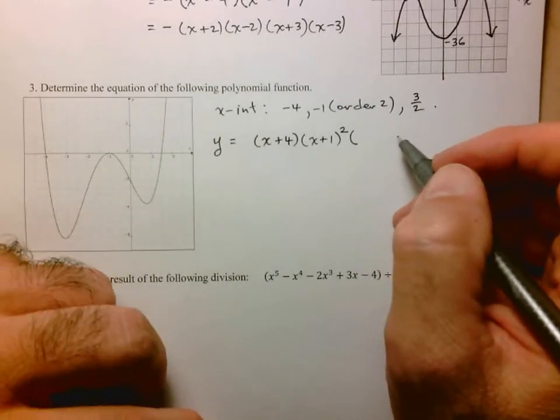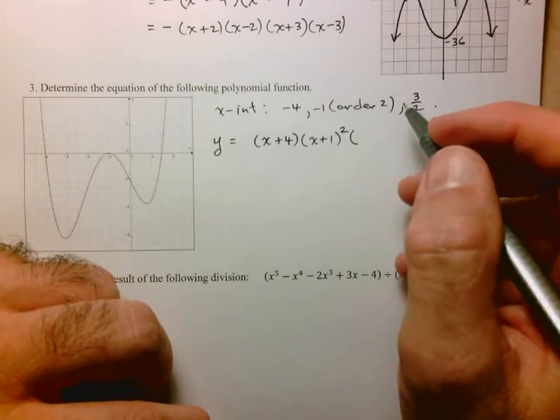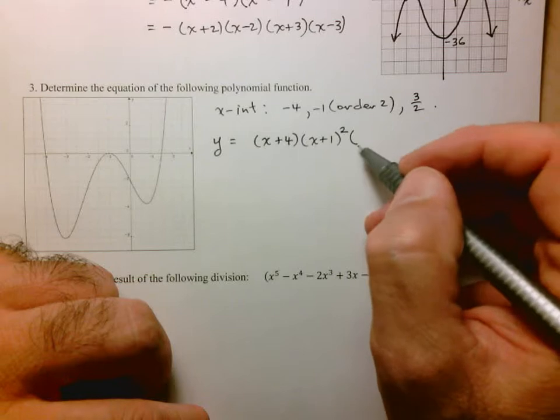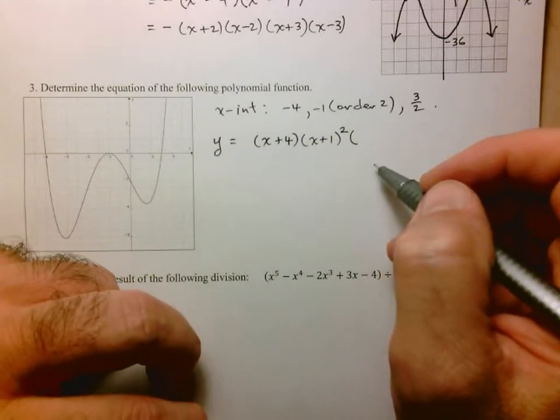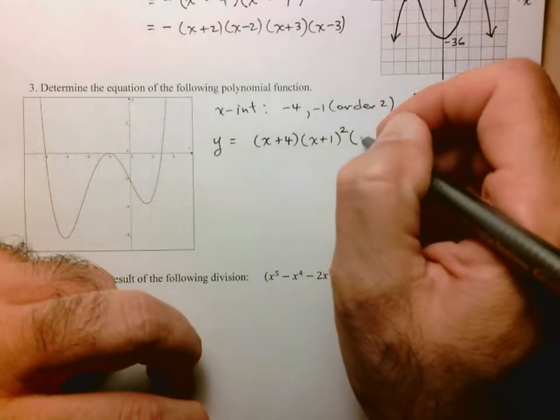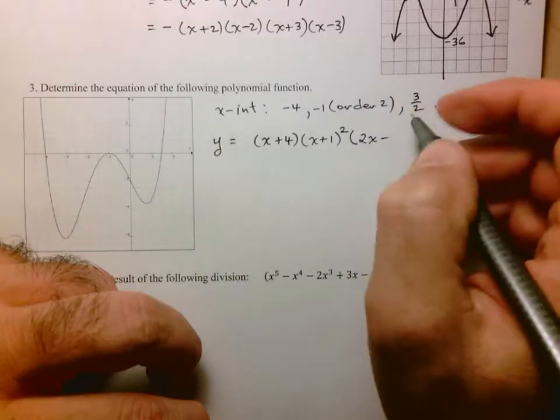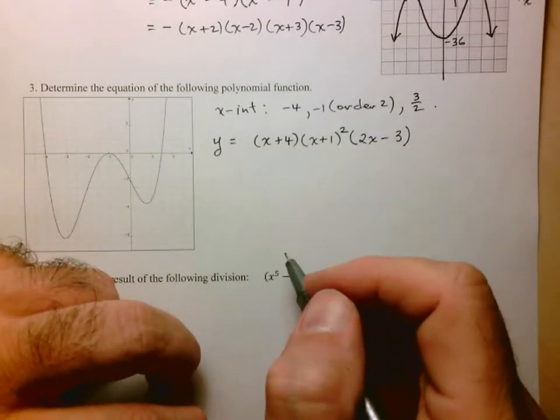Okay, and if you did that, you wouldn't lose marks for the question, but you'd lose communication marks, because if we can write a factor using integers, we certainly try to do that. So we know that this is b over a, so 2x minus our b value 3. So that's what the factor would look like.